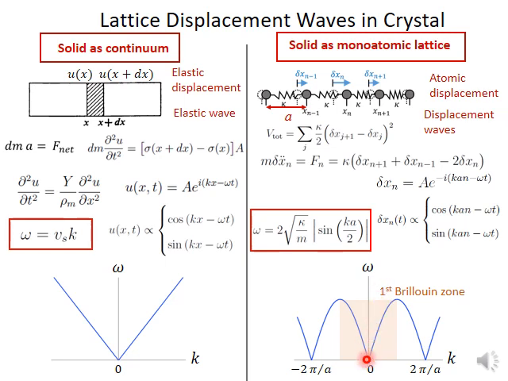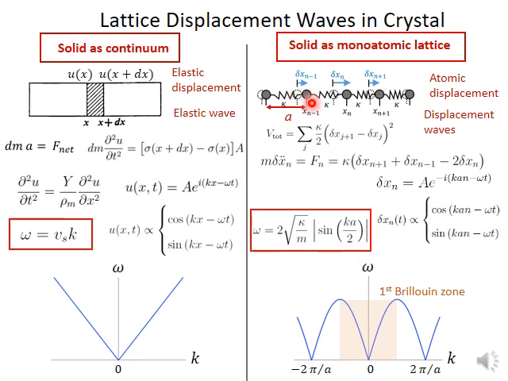If you look at the first Brillouin zone, some striking similarities and differences with the continuum are that around k equals 0, the solution we get from the atomic lattice closely resembles the solution you took for the continuum. But the dispersion starts deviating from the continuum approximation near the boundary of the Brillouin zone, where the wavelengths become closer to the atomic spacing.